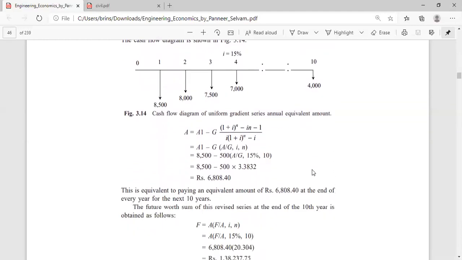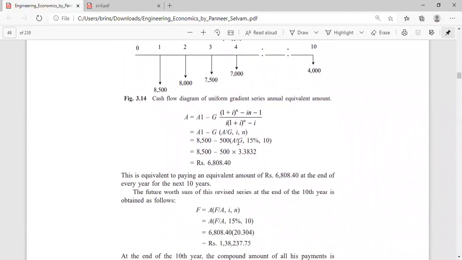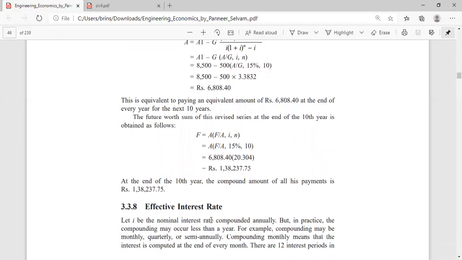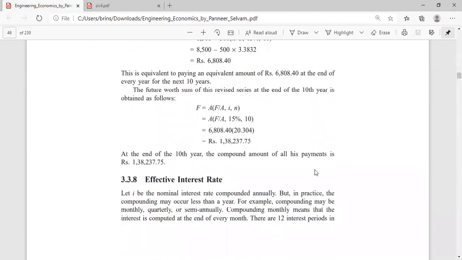Now you can substitute the values in the same given formula. The equal payment series compound amount factor is given here, so use it and find the value of F. F is your single future amount, so you will get the future amount.